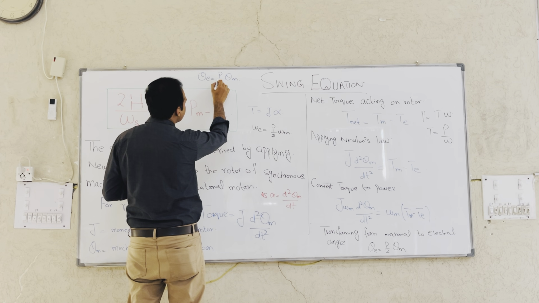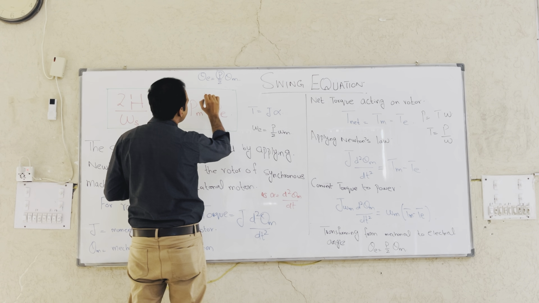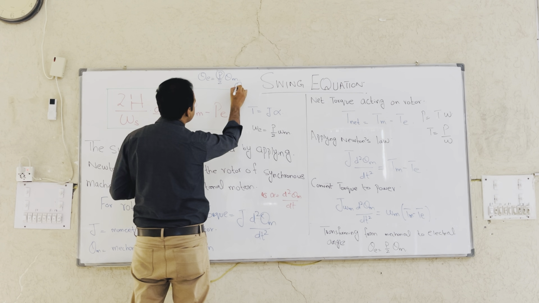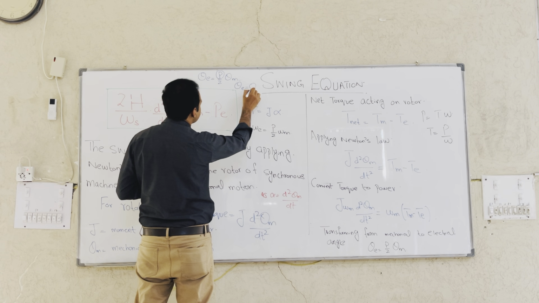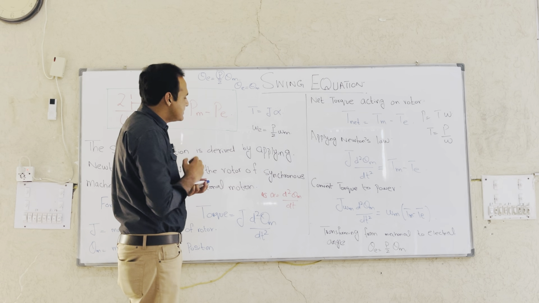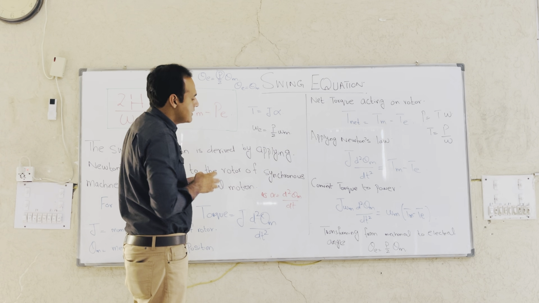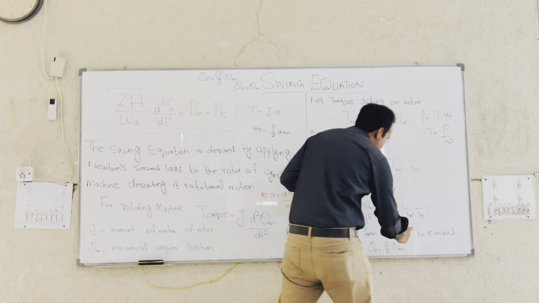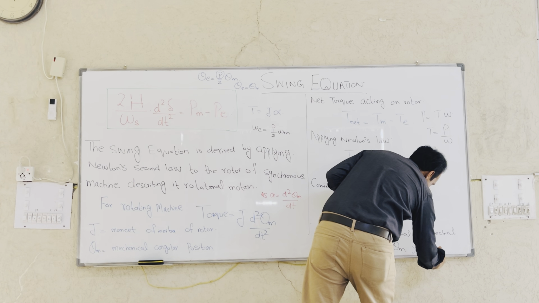So if we have a two pole machine, number of poles 2, then theta e is equal to theta m.